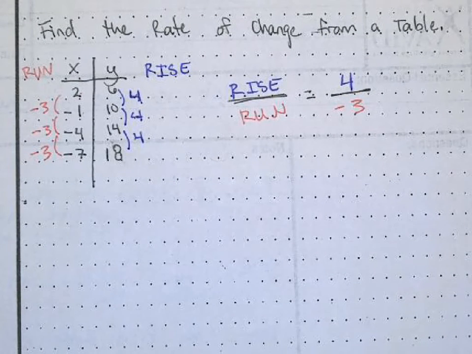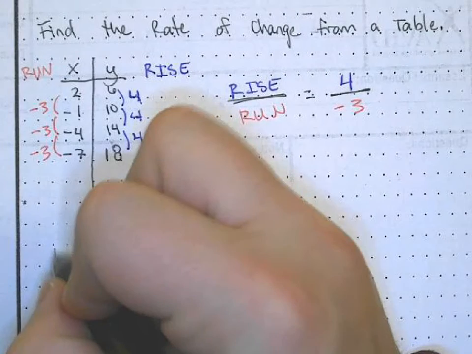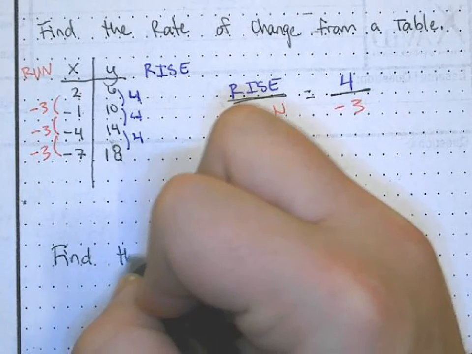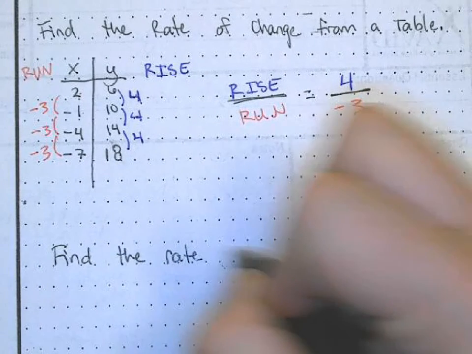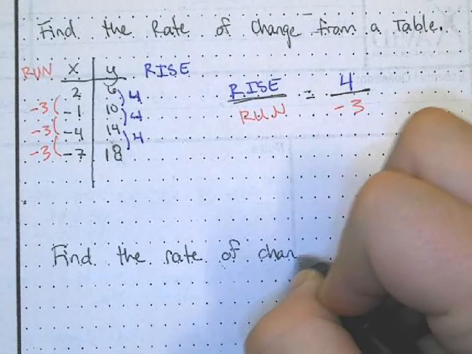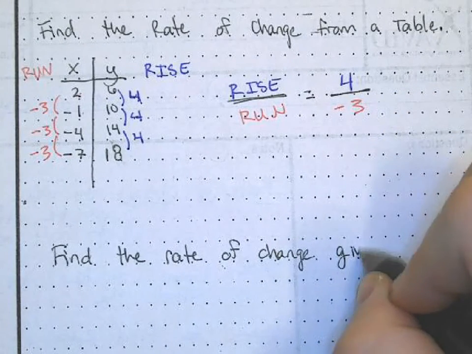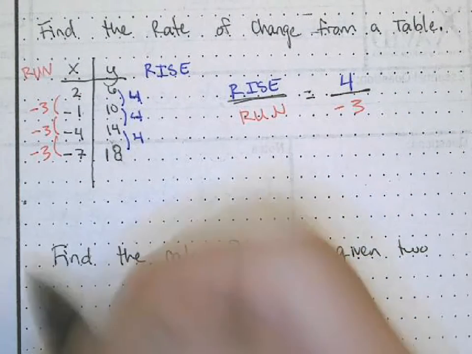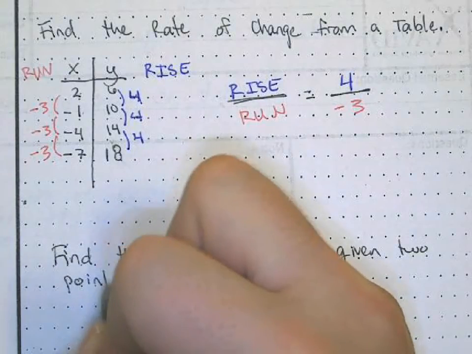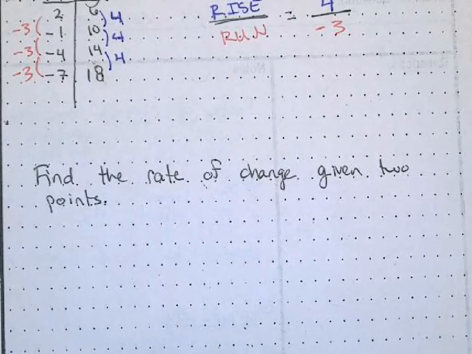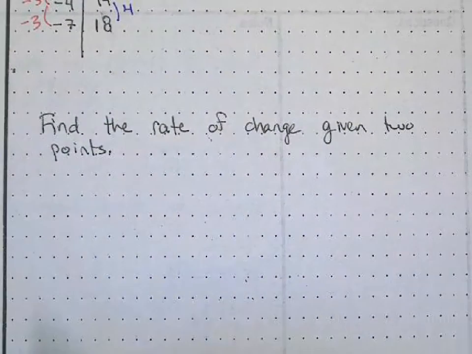And the last way we'll do this is find the rate of change given 2 points. And this is where we'll use the slope formula.